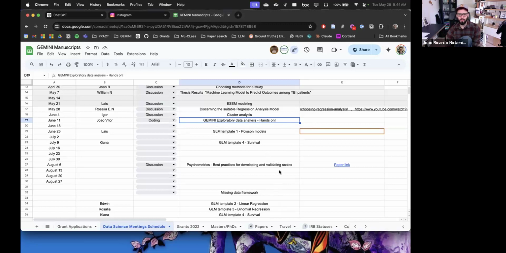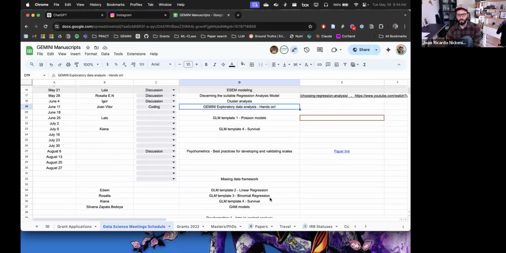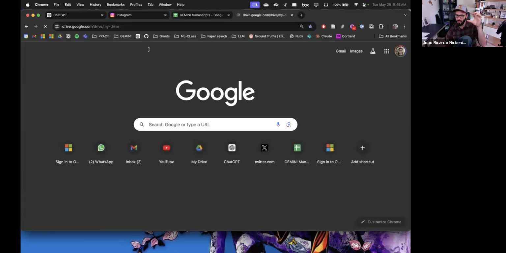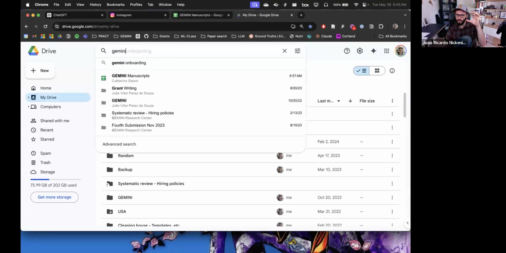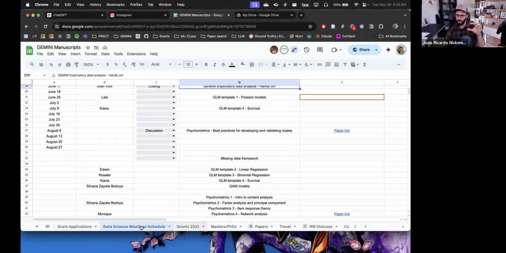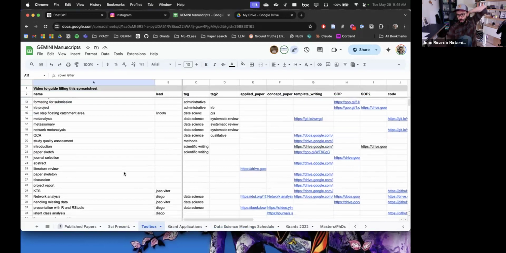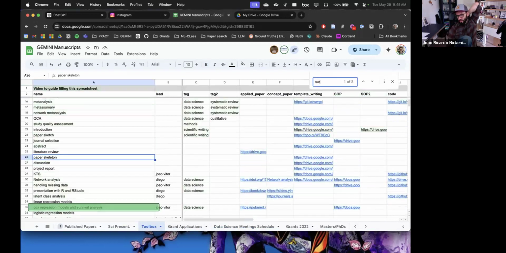So for the folks preparing documentation on the GLMs, what we're talking about is having a Google Doc that functions as a template. On the Google Doc, you should have a methods section describing the approach for that particular GLM. Then in the results part, you would have how you would report it, with a table shell and suggested figures that we would like to show.